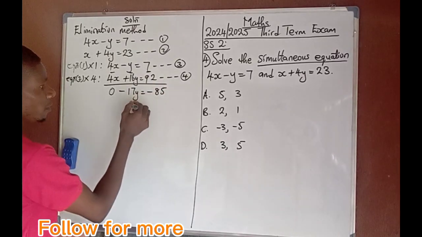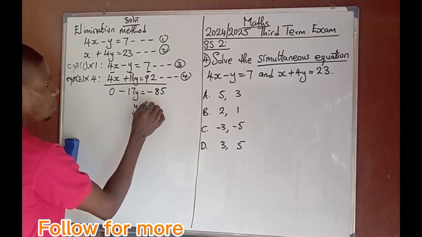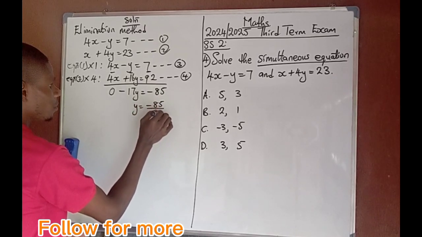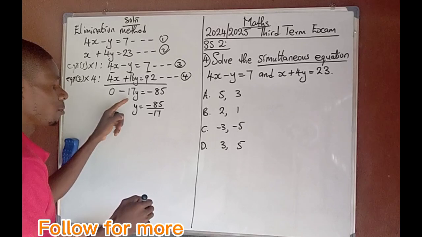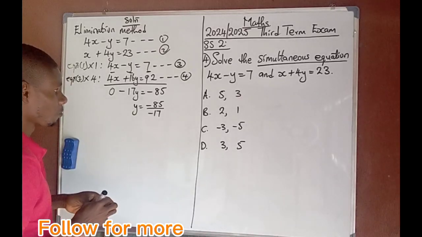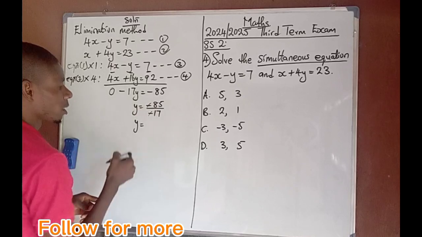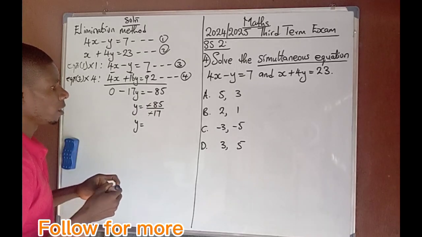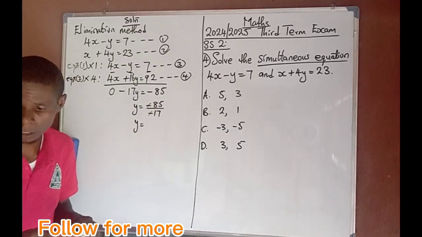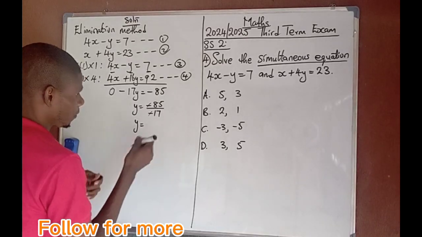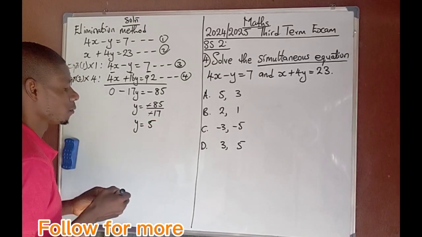So finding the value of y, it should be minus 85 over minus 17 when we divide both sides by negative 17. y is equal to, we cancel the minus, 85 divided by 17 will give us positive 5.